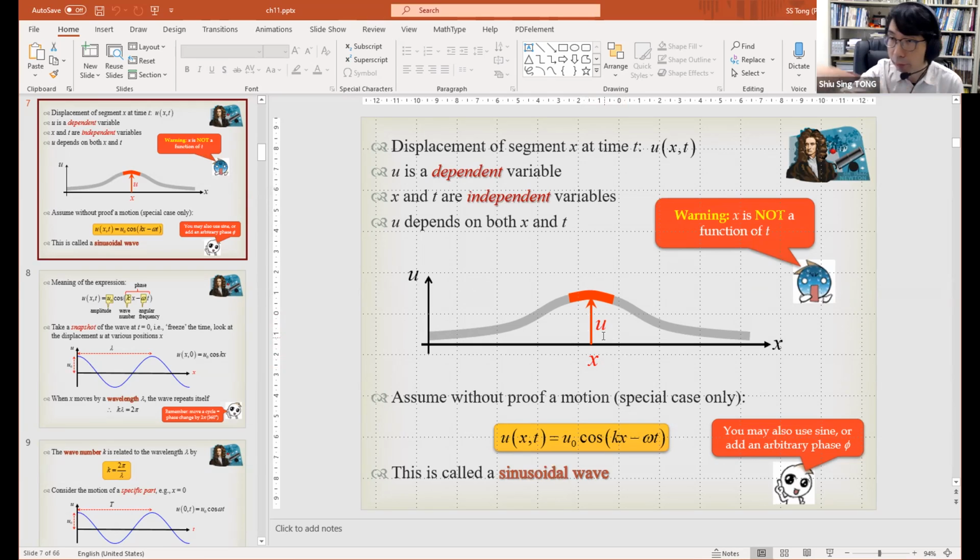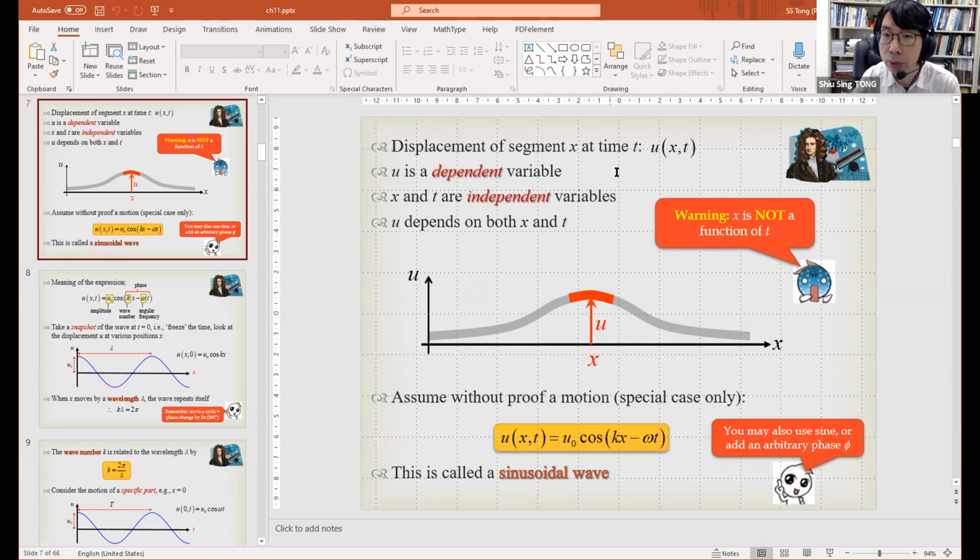When the wave passes through the string, different positions on the string will have different disturbance, and so u will be a function of x. But at the same time, since the whole wave is moving, the disturbance at a certain position will also change with time. So u, the disturbance, is also a function of time t.